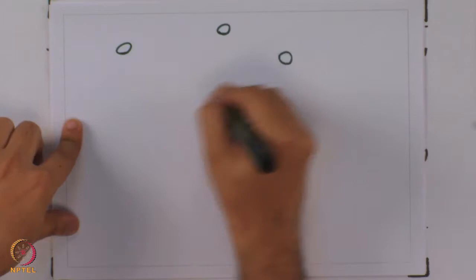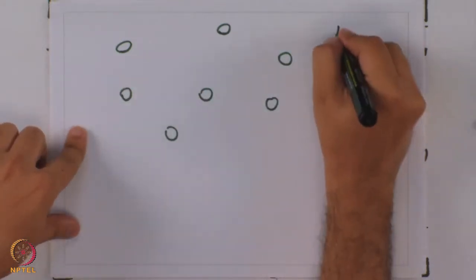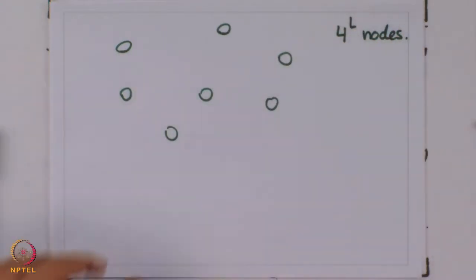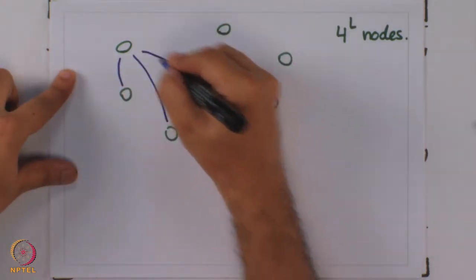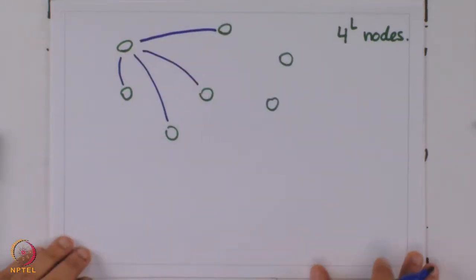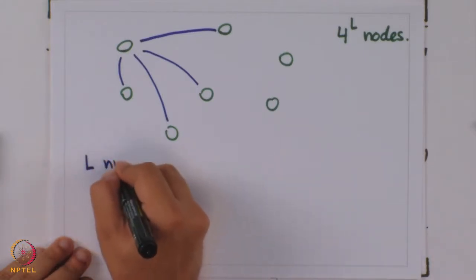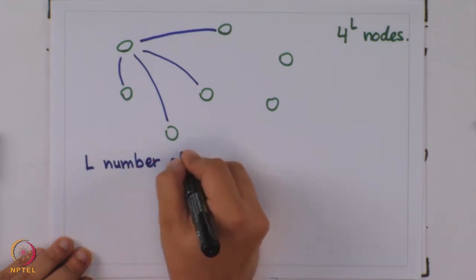These are our 4 to the power L nodes, and let us say this is the node that I am interested in, and I am interested in computing the number of neighbors of this particular node. How do I find that out? 4 to the power L comes from the fact that there are L number of nucleotides in each of these sequences.